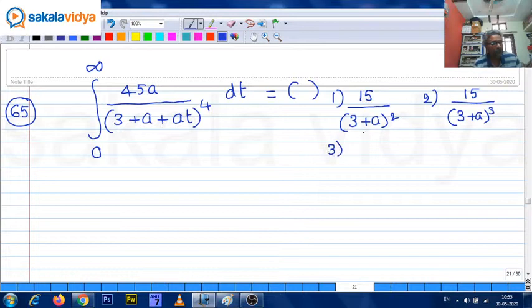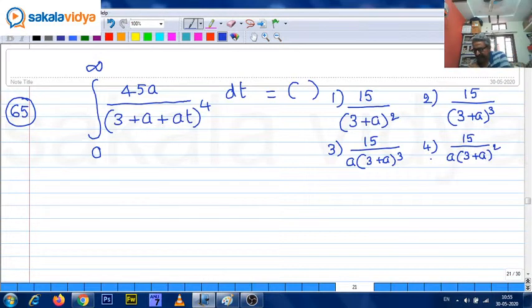Third option, 15 upon a times (3 plus a) whole cube. Fourth one, 15 upon a times (3 plus a) whole square. This is the problem.